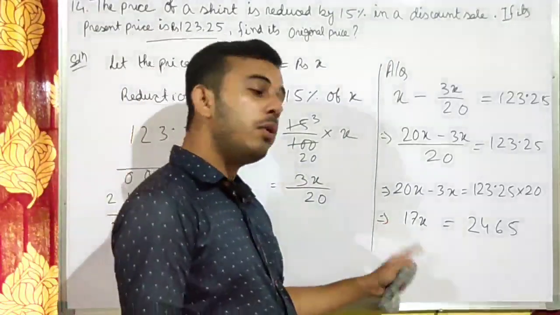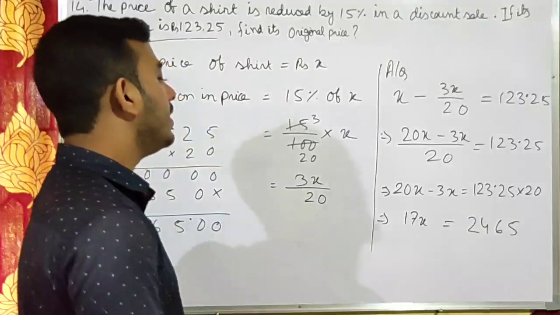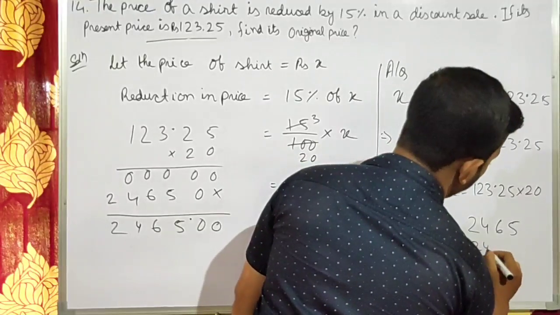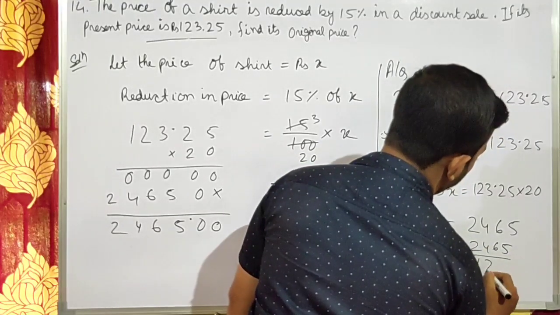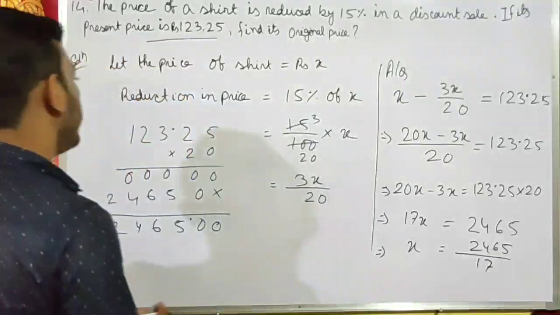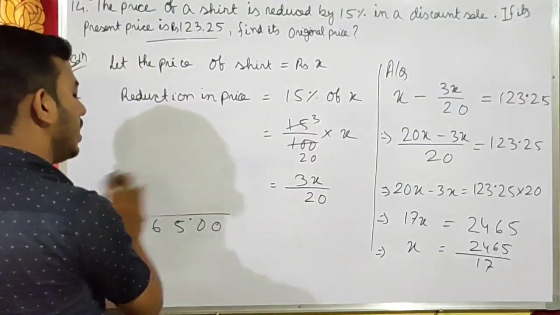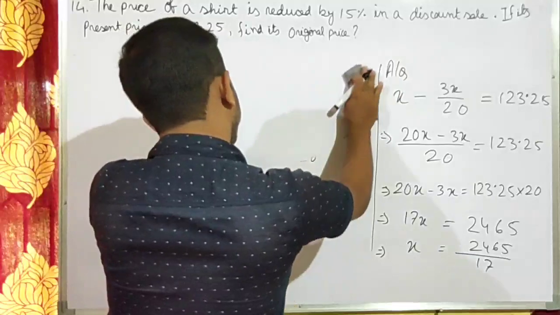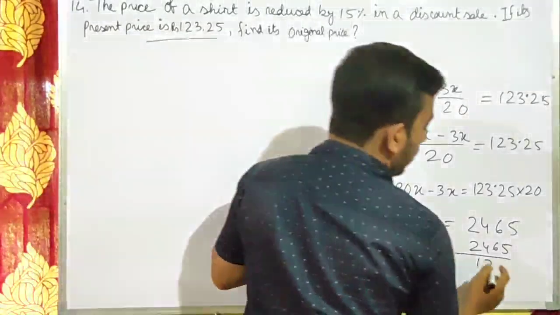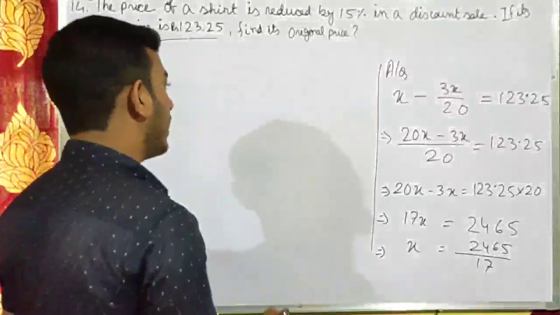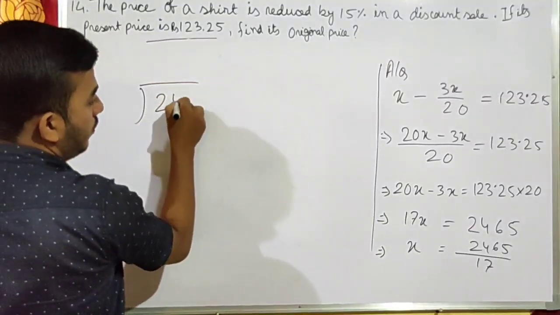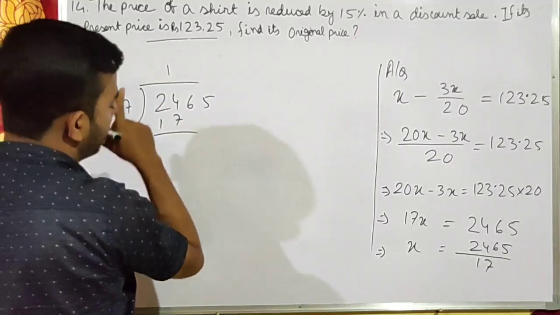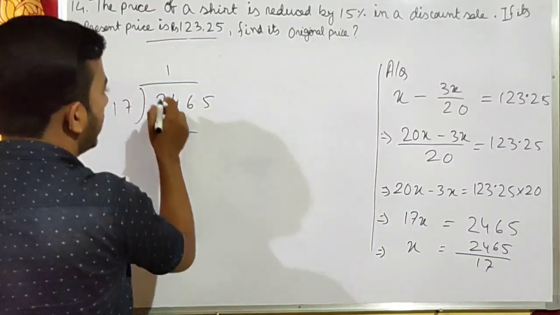Now here 17 is multiplied with X, so when we move it across, it will be divided. So write X equals 2465 divided by 17. Now we can divide and find the original price of the shirt. 17 into 1 is 17, 24 minus 17 is 7.